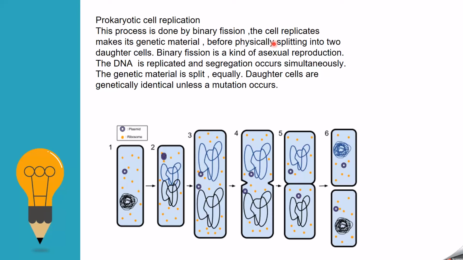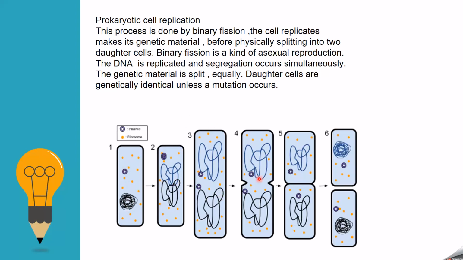The DNA is replicated, and segregation occurs simultaneously. As you can see in step 2, the DNA is replicated. First it's in a tiny little scrunched up ball, and then slowly it spreads out and replicates itself.